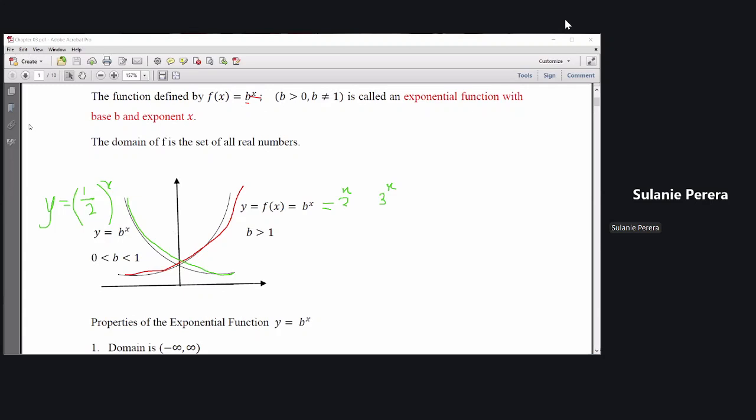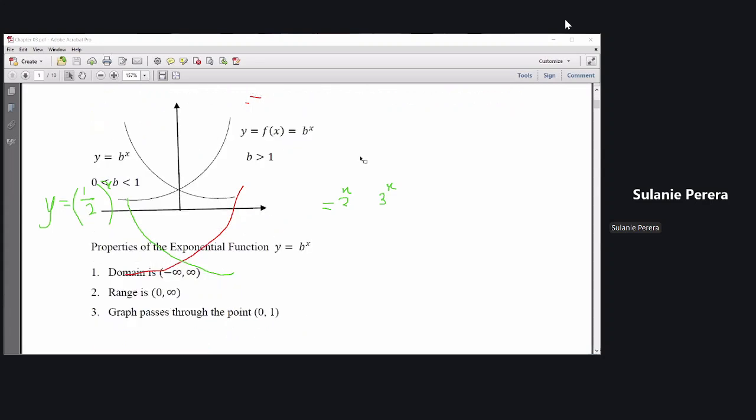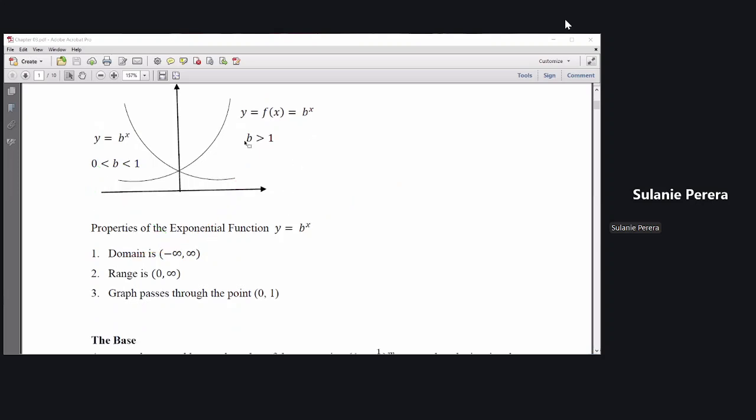Now let's look at the properties of exponential functions. The domain is from minus infinity to infinity. If you take just one graph, it goes from minus infinity to positive infinity. The range is always positive.